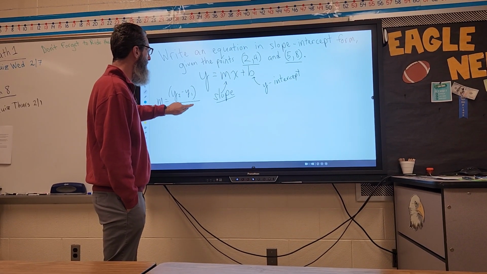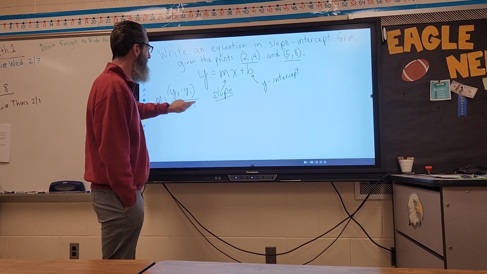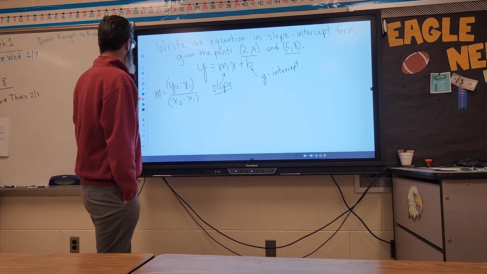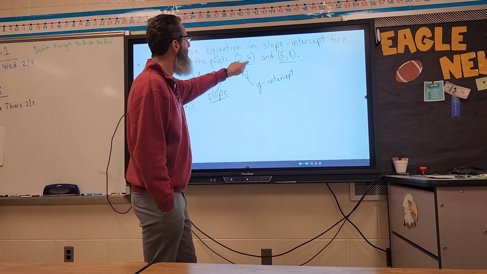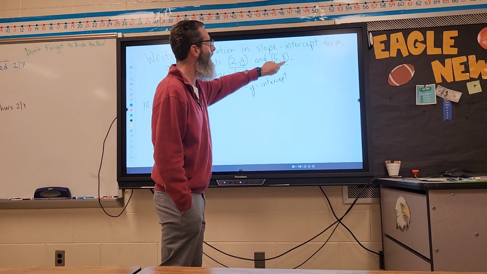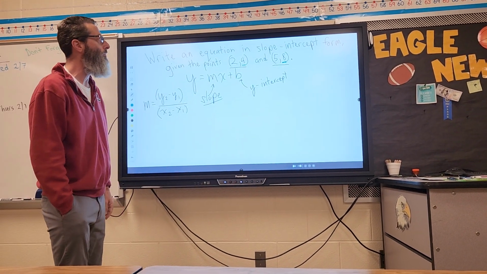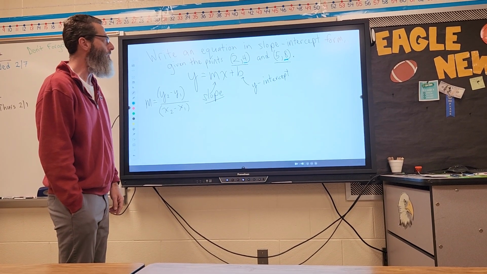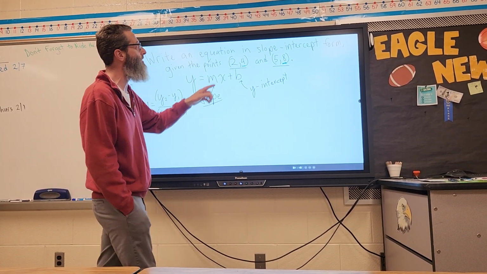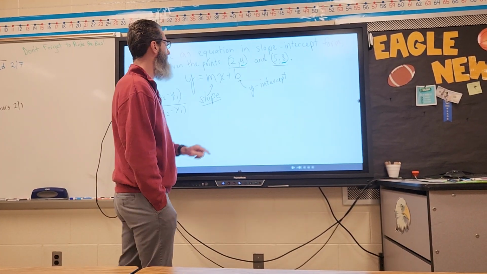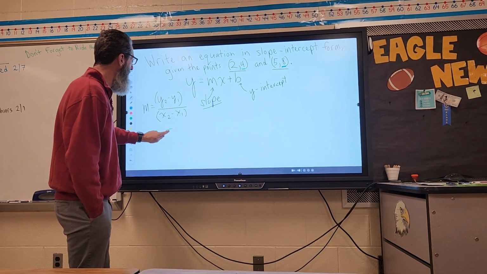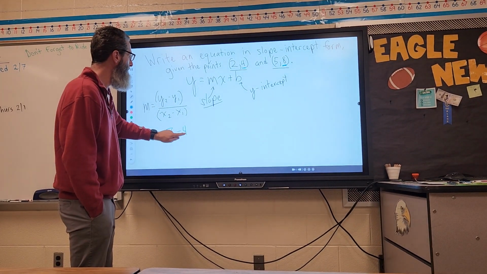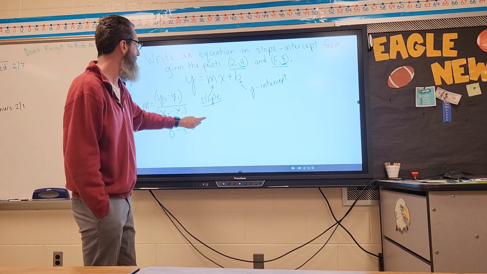What I mean by that is that this 4 and this 8 are the y-coordinates of these two points. So we have to find the difference between 4 and 8. So we do 8 minus 4, which is 4.